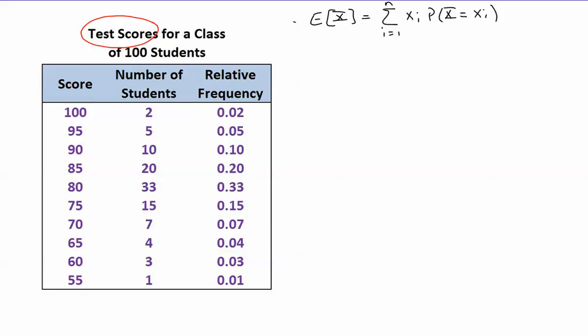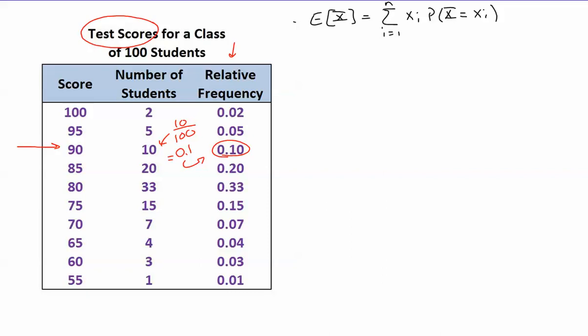I've got a table over here of relative frequencies. For example, the relative frequency for students who made a 90% on the test is 10%. The way I get that is 10 students out of the 100 divided by 100 students who took the test equals a relative frequency of 0.1.